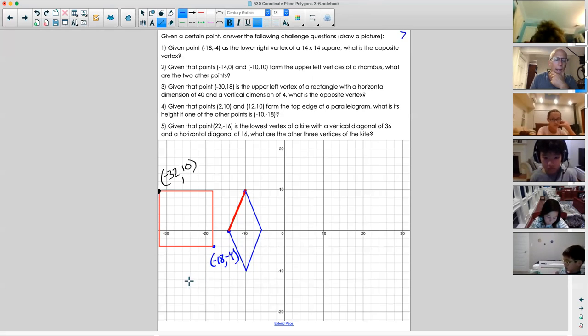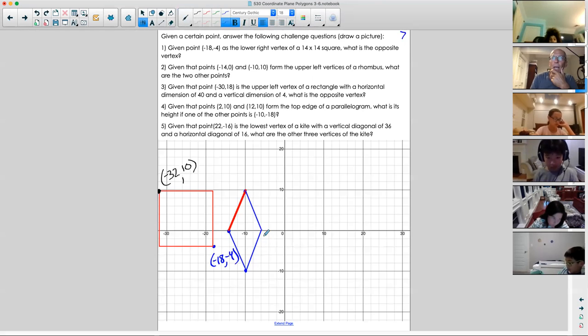And doesn't that create a beautiful rhombus where the first 2 vertices were the upper left vertices? And so when we name those 2 points, as Adalia said, -10, -10, and then this point, of course, is negative what? Come on, guys, say it out loud. Yeah. -6. -6, 0.